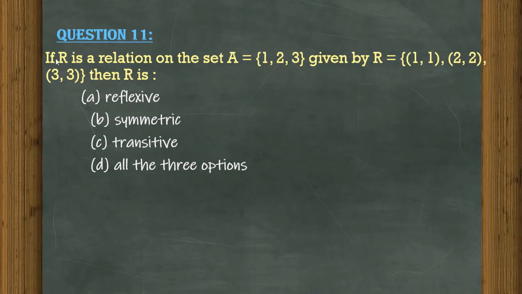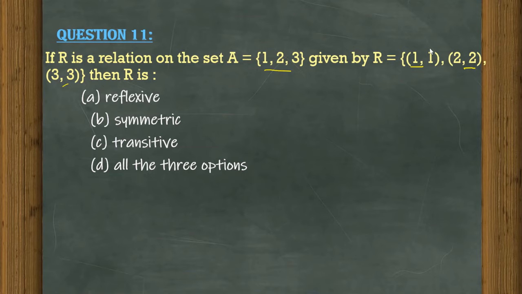Question 11. If R is a relation on the set A = {1, 2, 3}, given by R = {(1,1), (2,2), (3,3)}, then R is which type of relation? From the relation it is very clear, it is reflexive.